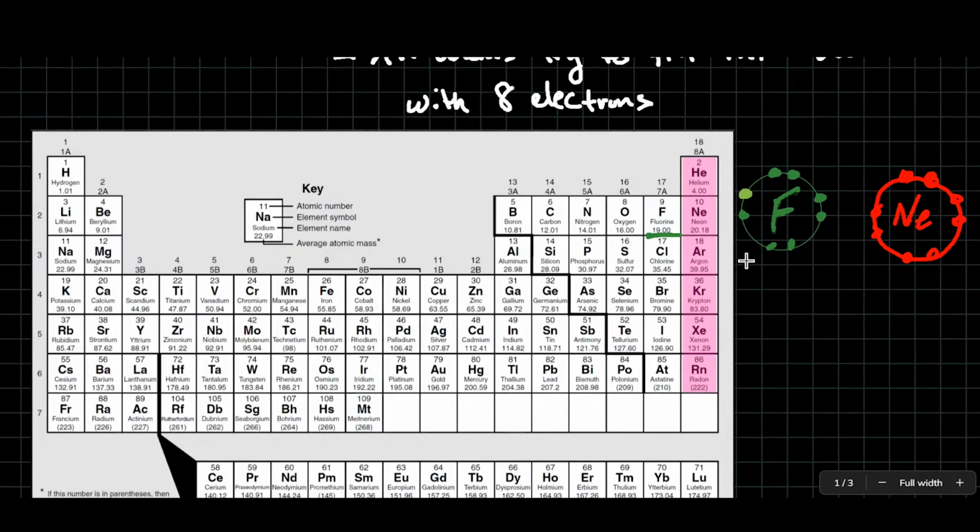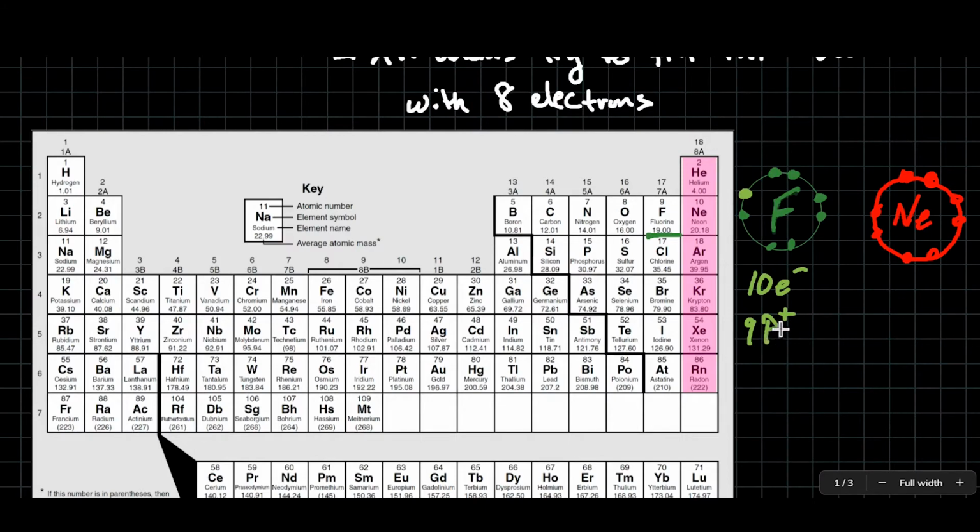Well, if fluorine gets that 1 electron, all of a sudden it now has 10 electrons, but it still only has 9 protons. They're not the same anymore. So there's one state of atoms where it's somewhat stable, where they have an electrically equal number of protons and electrons. Or we have this stable state that follows the octet rule, where it has 8 electrons regardless of how many protons it has.